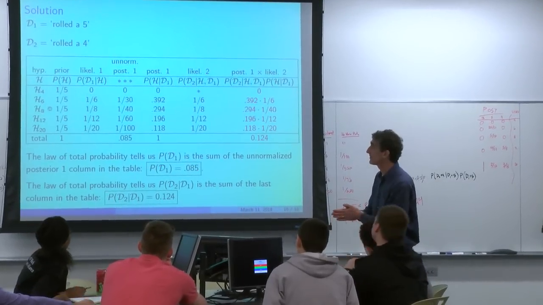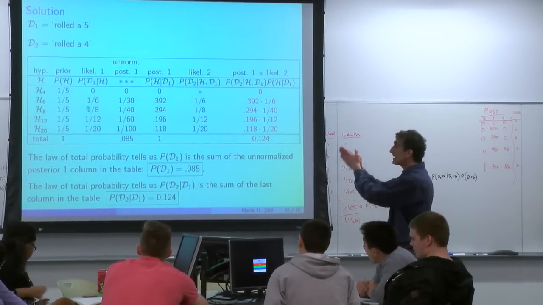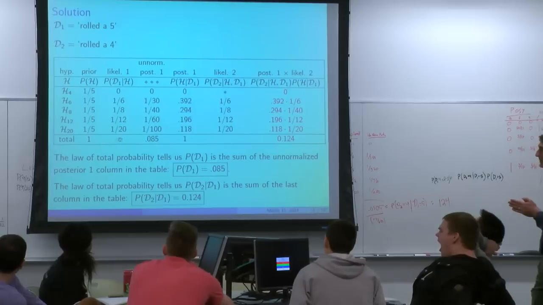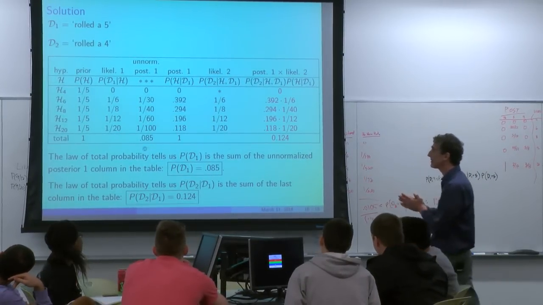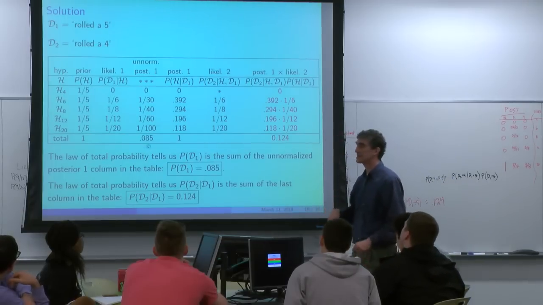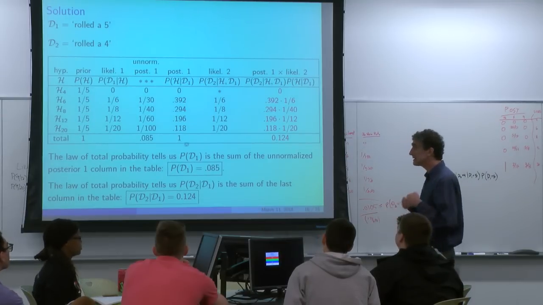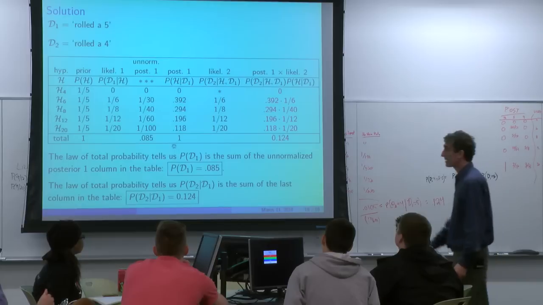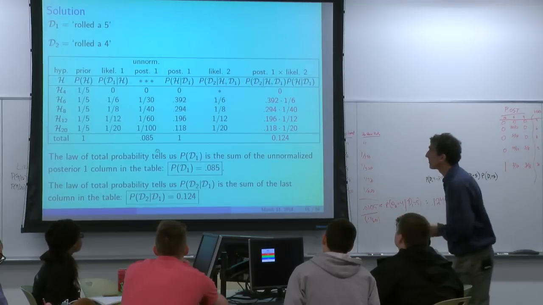So the first column is the prior, then the likelihood of getting a 5, which is 0 if you have the 4-sided die, 1/6, 1/8, 1/12, and 1/20. We get our unnormalized posterior, and then in this table, I actually got the normalized posterior, because when you're computing predictive probabilities, you need to use normalized probabilities. They should be true probabilities. So we used this column here of the posterior probability.